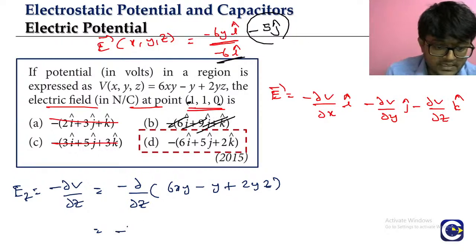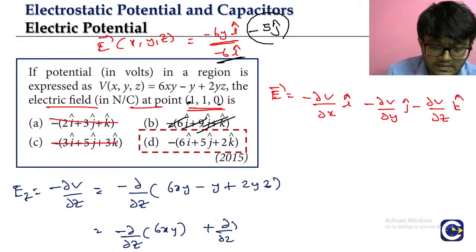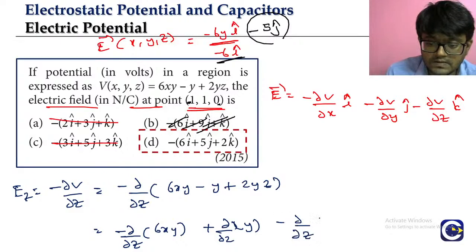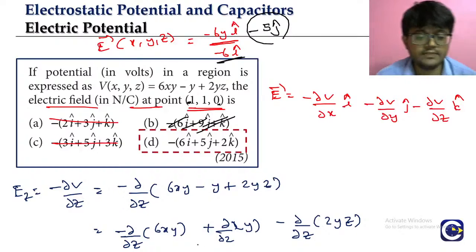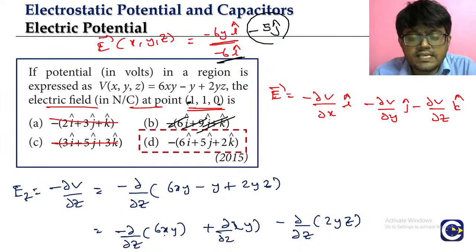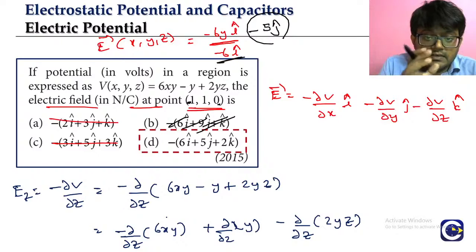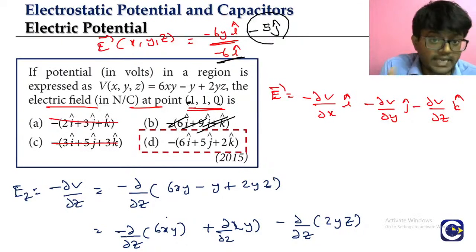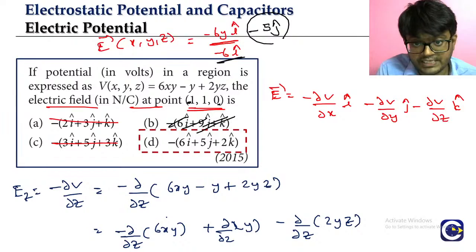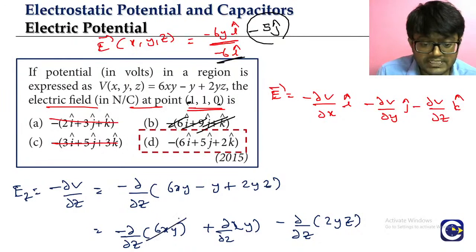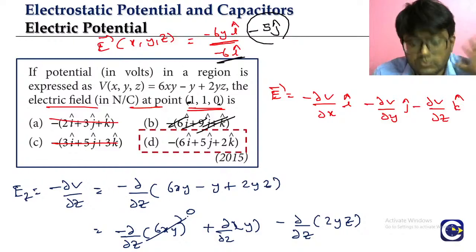We can split and write it like that: 6xy, y, 2yz. In the first term, the function inside is 6xy. We are taking the partial derivative with respect to z, so x also will be taken as a constant, y also as a constant, which means the entire function inside is a constant, so the derivative will be 0.